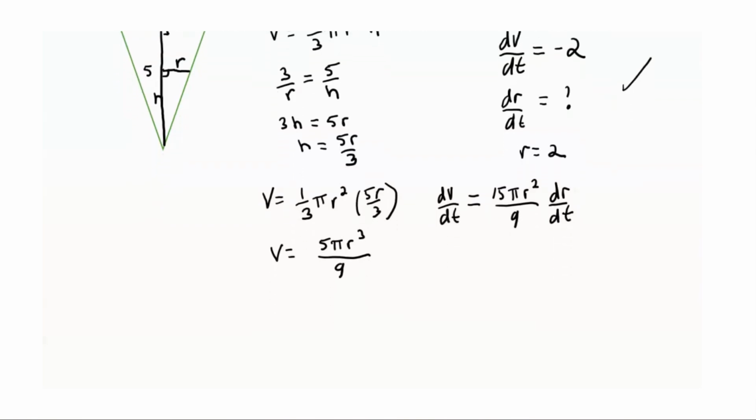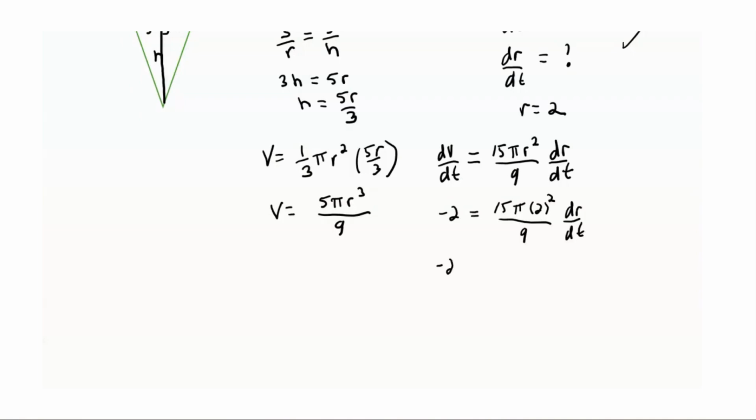So dV/dt is -2. We're solving for dr/dt, and the radius is 2, so we're going to put in 2 for the radius. All right, so let's simplify that.